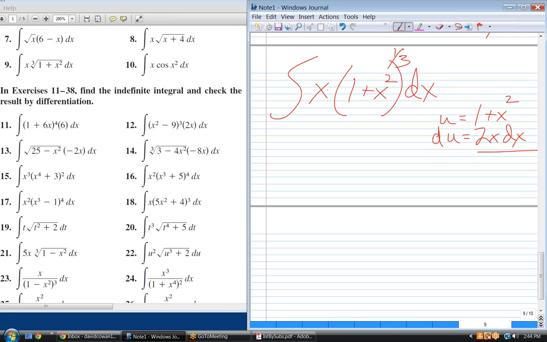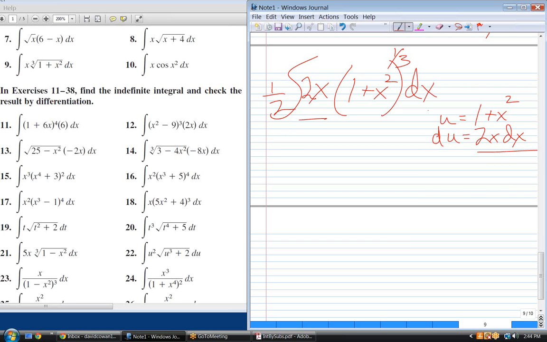I see an x dx. Yes, I see an x dx, so if I'm looking for a 2x dx, this is what they generally do. They multiply by 2 and do that. I didn't change anything. I put a 2 inside the integral, I put a 1/2 outside the integral.